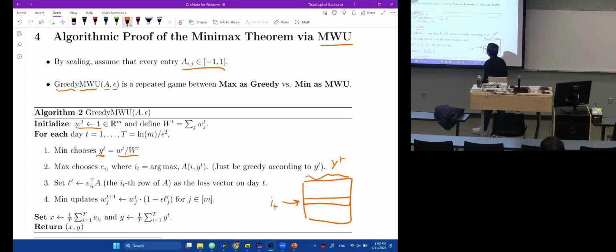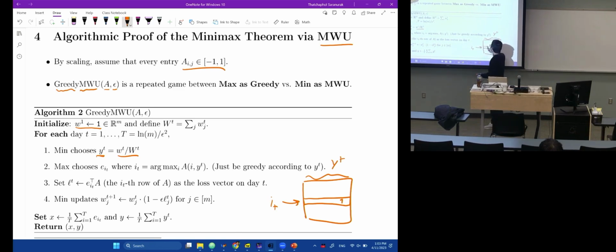So now the loss vector is just going to be the i_t row thrown to the min player. I will just define the loss vector l_t to be this row that the max player chose, right? And that makes sense, because if some number is big here, it means that the min player lost a lot.